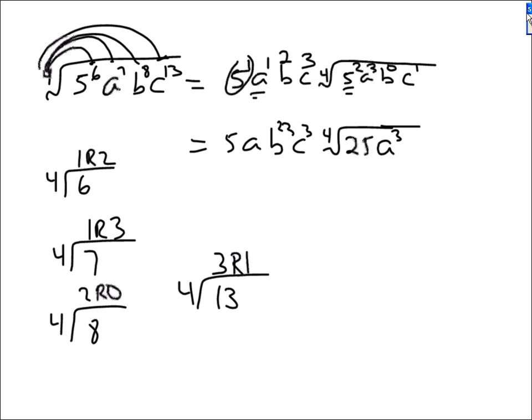I won't bother writing that, because multiplying by 1 doesn't do anything. 25 times A cubed times 1 is 25A cubed. Times C to the 1, which is C. And there's the answer. It's just long division.